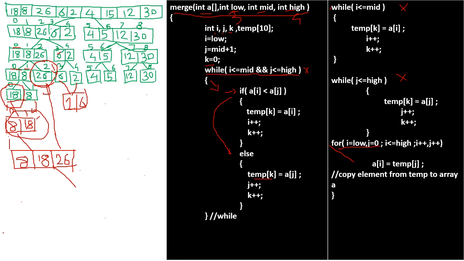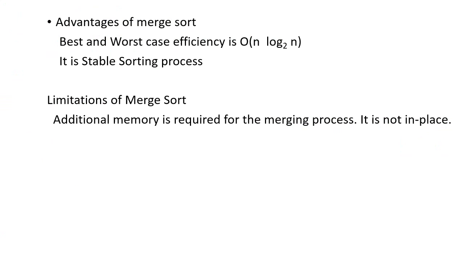When we get this sorted list, at that time the mid value is 3. And like this we will combine or merge all these sublists into one single sorted array list. Okay, fine.